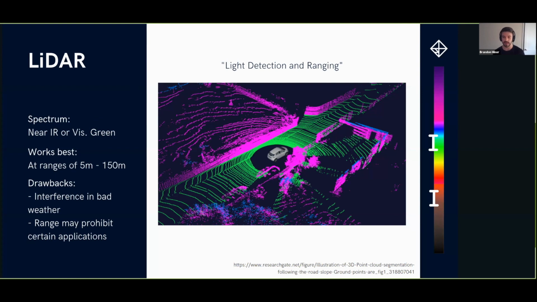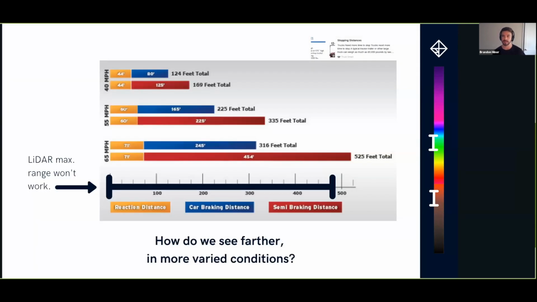I'll illustrate that in this blurry graphic. If you have a heavy car, say a semi, going 65 miles an hour, which is a very reasonable American pace for a semi, it takes 525 feet, or about 150-something meters, to stop.